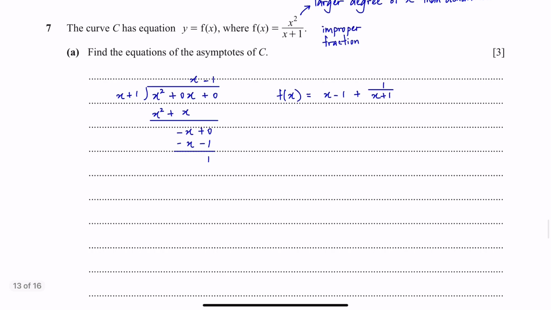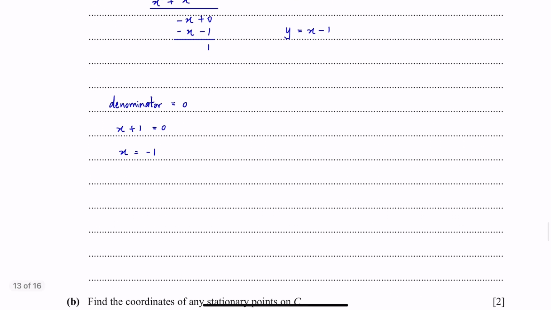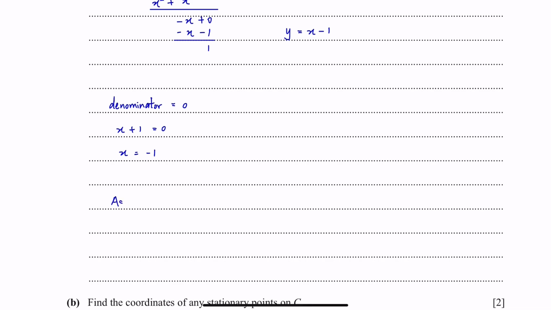And one of the asymptotes would be y equals x minus 1. For the other asymptote, we need to equate the denominator to 0. So x plus 1 equals 0, x equals negative 1. So the asymptotes are y equals x minus 1 and x equals negative 1.